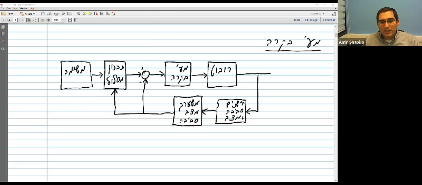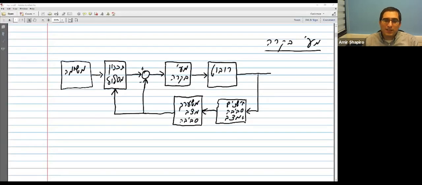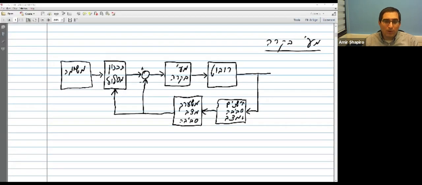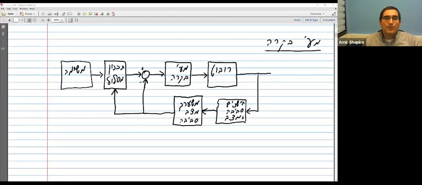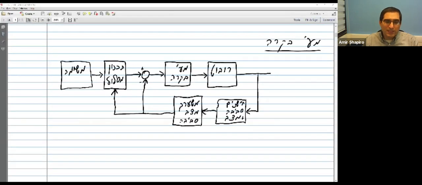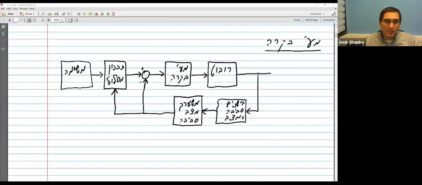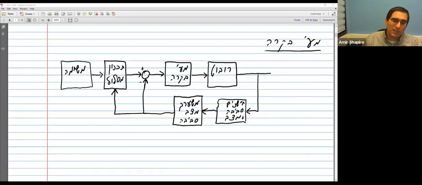Then we have some sensors that sense the environment and the robot state. Sometimes we have an estimator that estimates where the robot is. And this goes back as feedback to the control system to feed the robot with the desired torque or force to move the robot along the required trajectory.